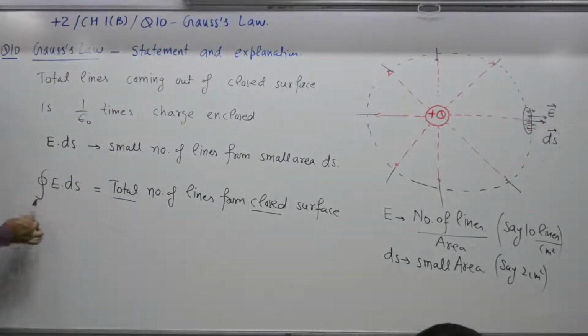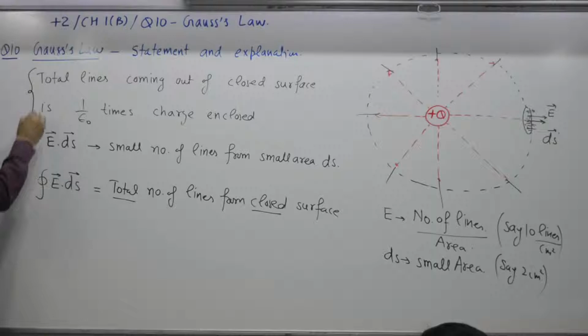Total means the sum of all, which means integration. This symbol represents a closed surface. So total lines coming out of the closed surface, this is what the integral of E.ds represents. One step: it represents what? Vector. We have already covered that E is a vector quantity, and area is also a vector quantity.